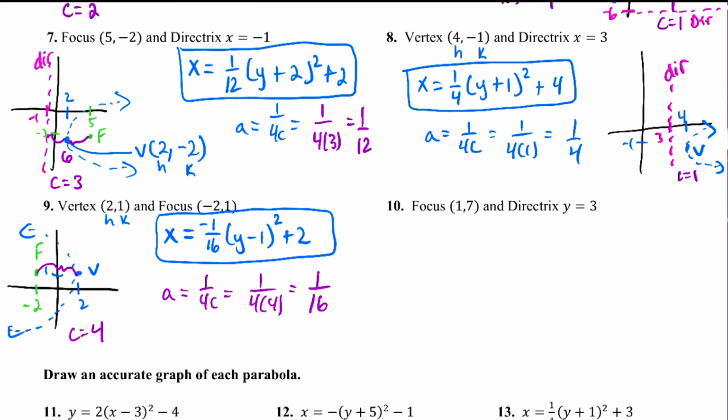All right, last one like this. So again, starting with the sketch. So we are given the focus. So I'm going to the right one, up 7. And then the directrix, since it's y equals, that tells me that it's horizontal through 3.